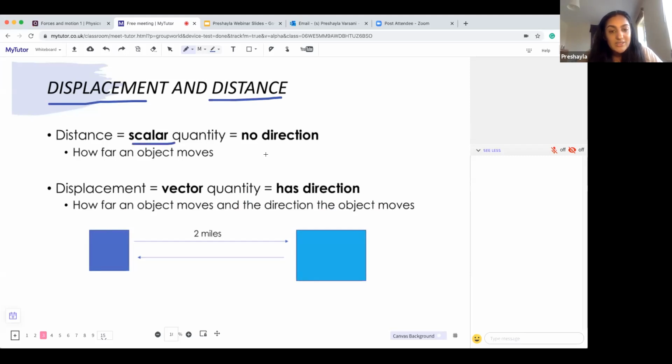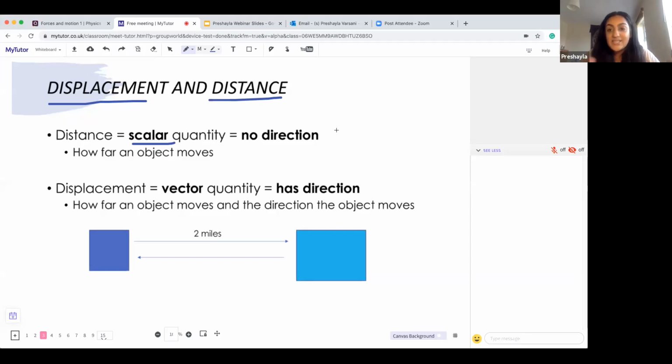And a scalar quantity means that it doesn't have direction. So we don't know what direction this distance happened in. It could have been east, it could have been north, it could have been on a bearing of 45 degrees. We don't know. And so distance only tells us a limited amount of information. All it tells us is how far an object moves.